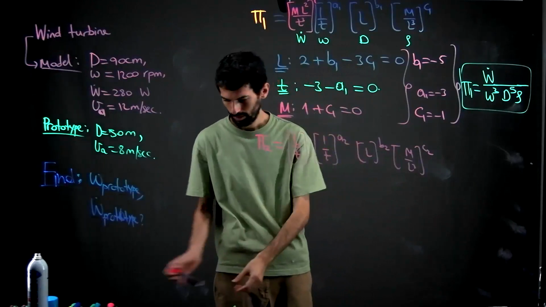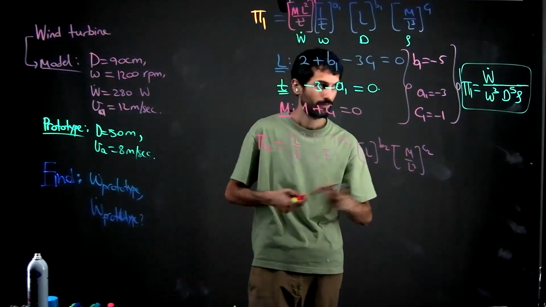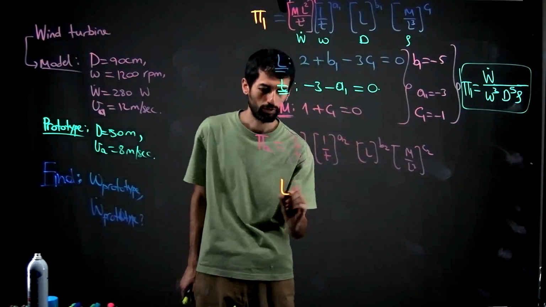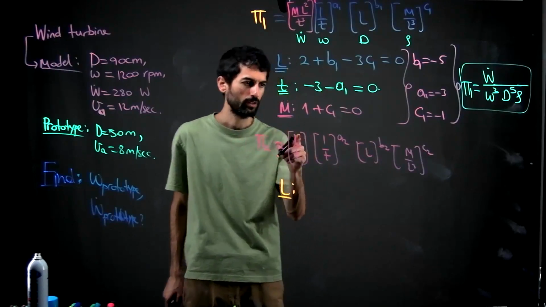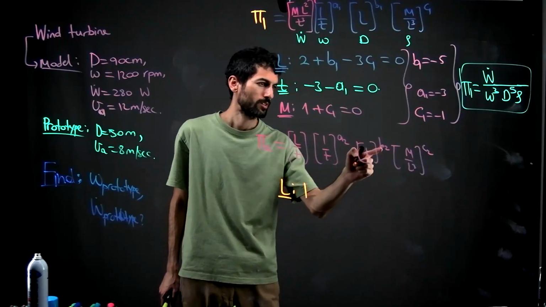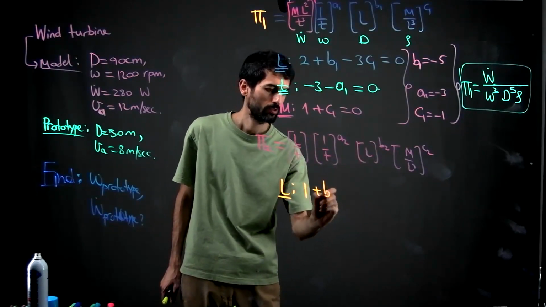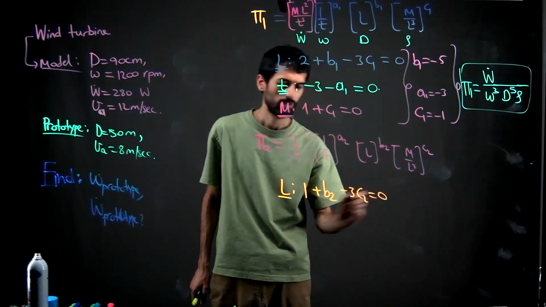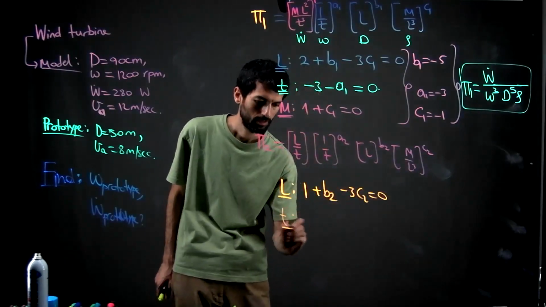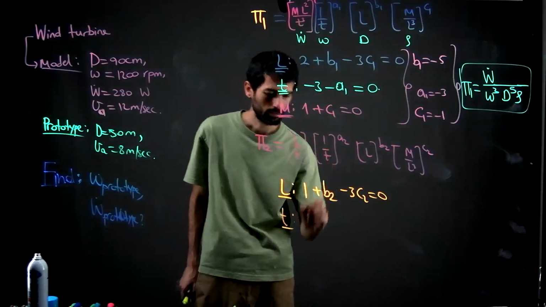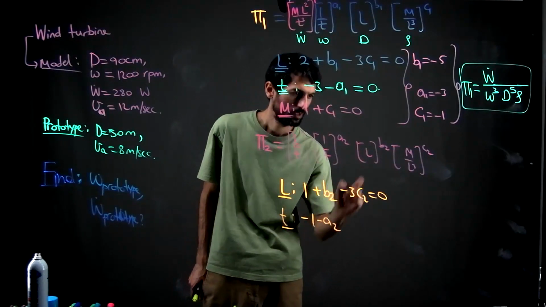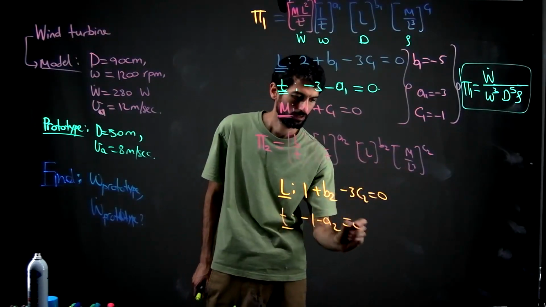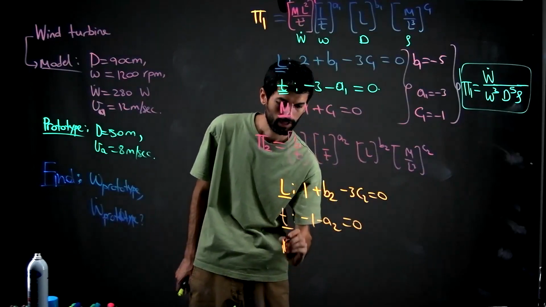Okay. So let's solve it. So first for a length, it is 1, so it is 1 again b2, -3 into c2 is equal to 0. Time, so -1, -a2, and then 0.